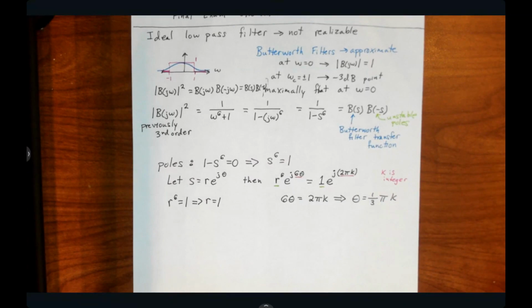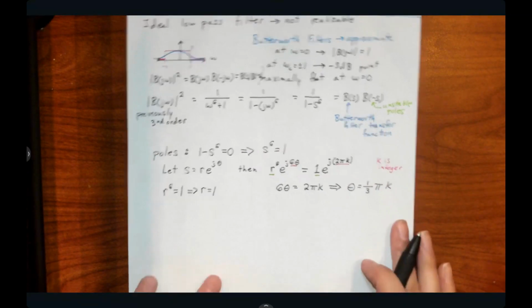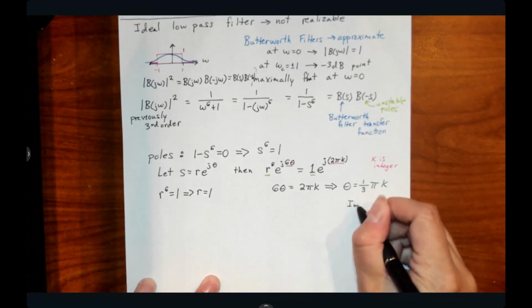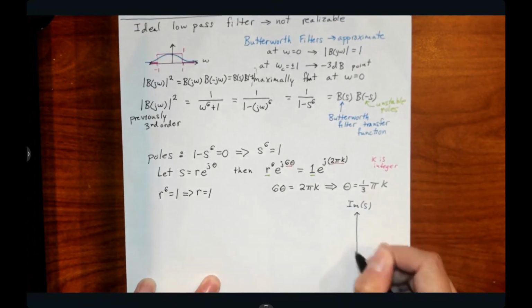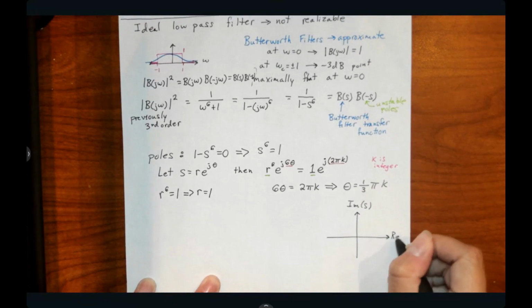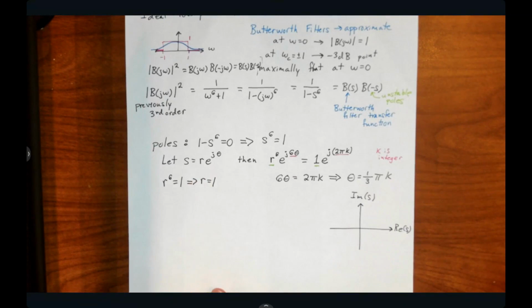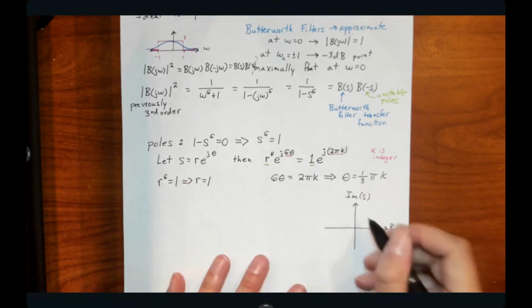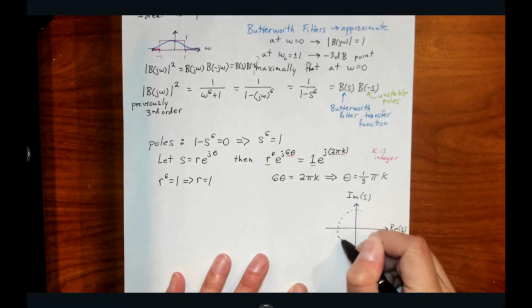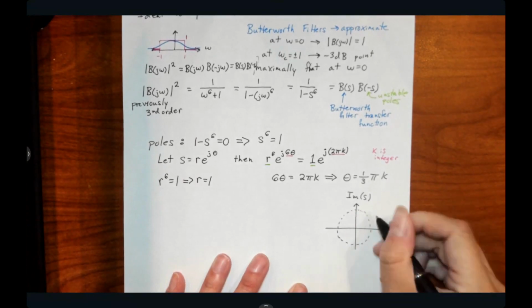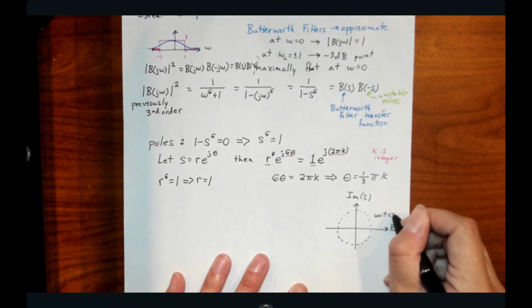All right, so let's visualize what these poles look like. We're going to look at our real imaginary plane here. What this part here tells us is that the magnitude of all the poles is 1. So what that means is that all of our poles are going to be on the unit circle.